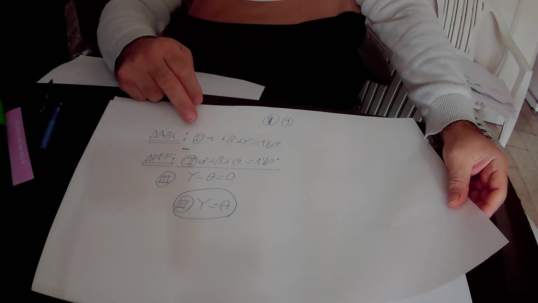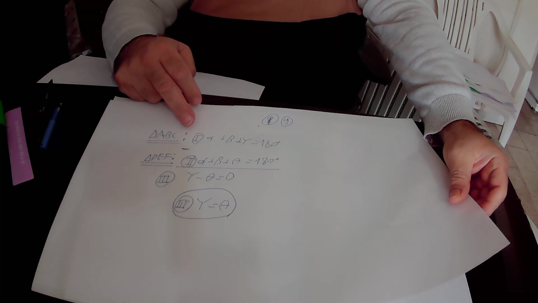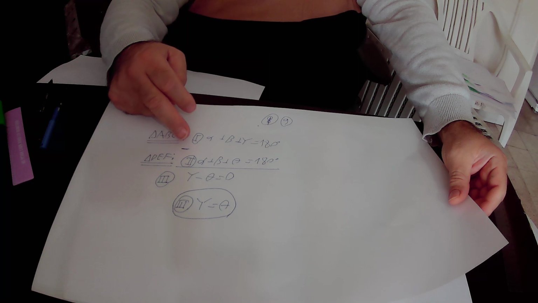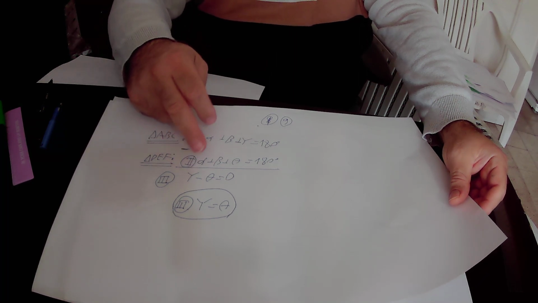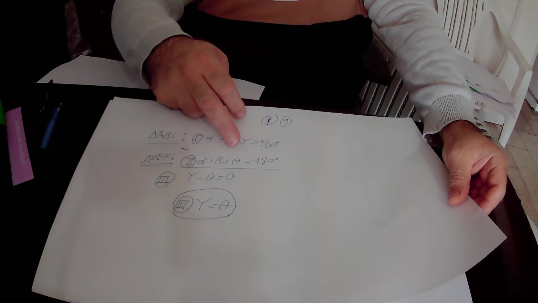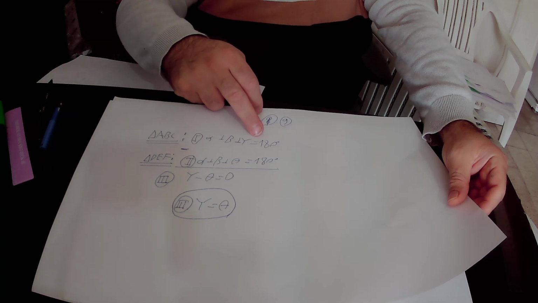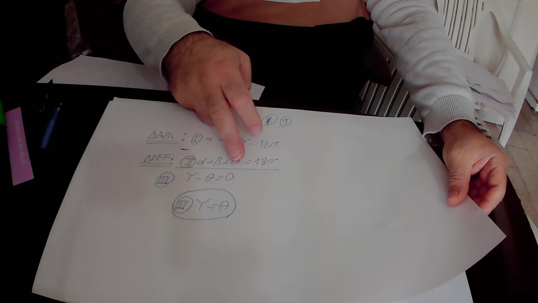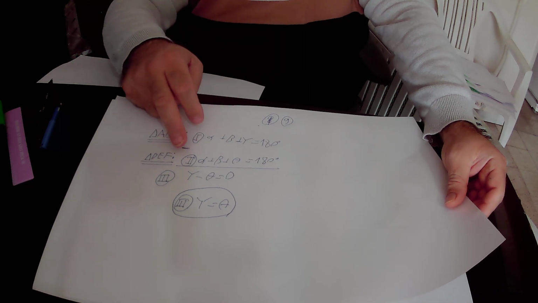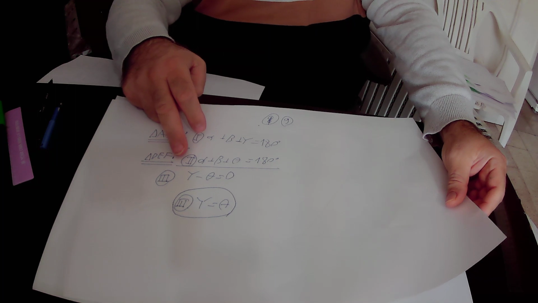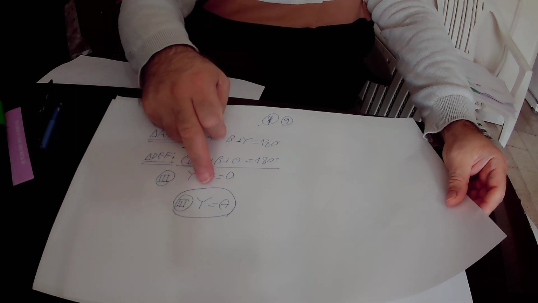So we subtracted equation number 1 from equation number 2, and we got that alpha minus alpha equals 0, beta minus beta equals 0, and gamma minus theta equals 180 degrees minus 180 degrees, which is 0. So we found that gamma minus theta equals 0. We added theta to equation number 3, and we found that angle gamma equals angle theta.